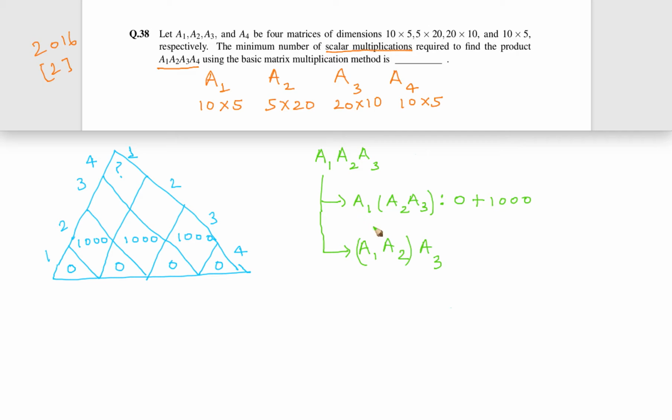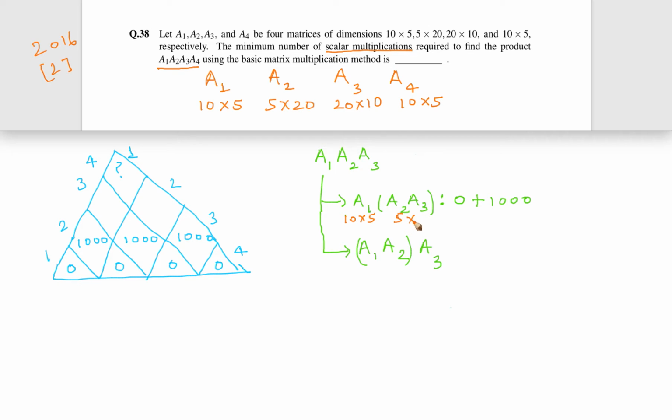But once we have these two matrices, a1 and the resultant matrix of a2 into a3, they have to be multiplied. What will be the number of scalar multiplications for that? The dimension of a1 is 10 cross 5, and when a2 a3 is multiplied, the resultant matrix will have dimensions 5 cross 10.